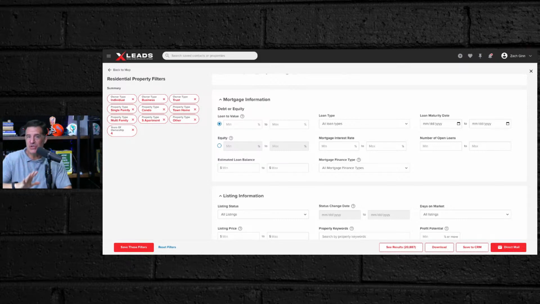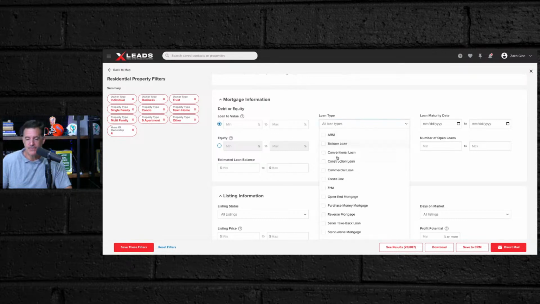Now, you can use this for creative financing, which is going to be huge on the mortgage information. You can do the loan types. So say I'm going to be a creative finance guy. And by the way, creative financing is not a ruse to skip wholesaling. A great wholesaler will take advantage of creative financing opportunities.